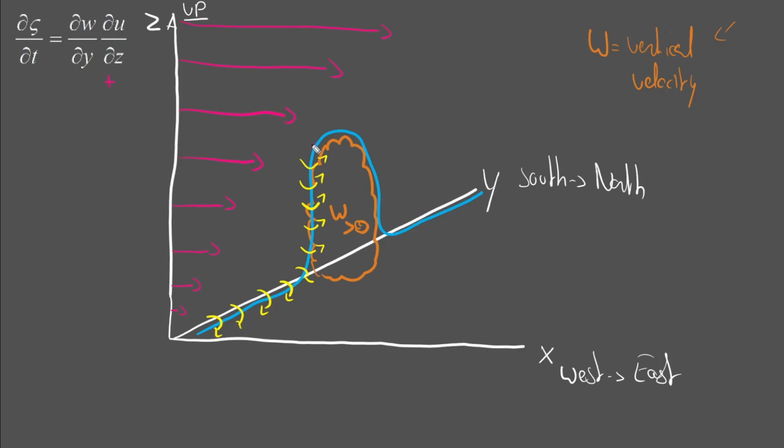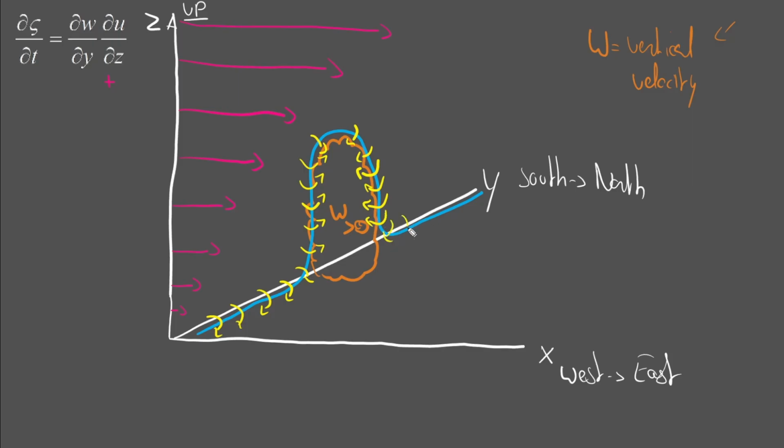right? Conversely, across the center of the updraft, to the right of it, or to the north of it rather, the vorticity changed direction, right?